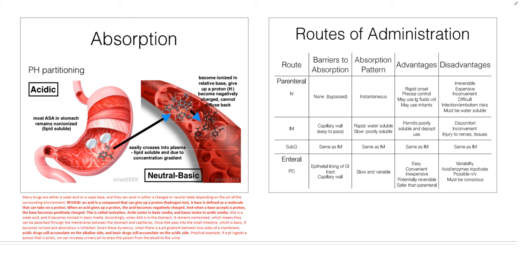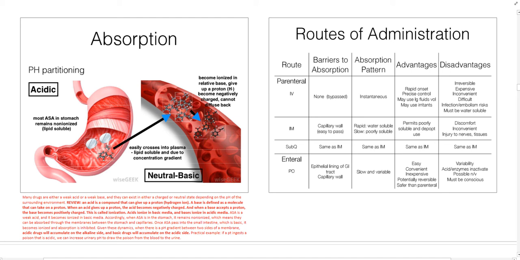Once the aspirin has gotten into the capillaries, whether that be through the stomach or the small intestine, wherever, it now enters into a more basic environment, because blood is 7.35 to 7.45, erring on the side of basic, alkalotic.